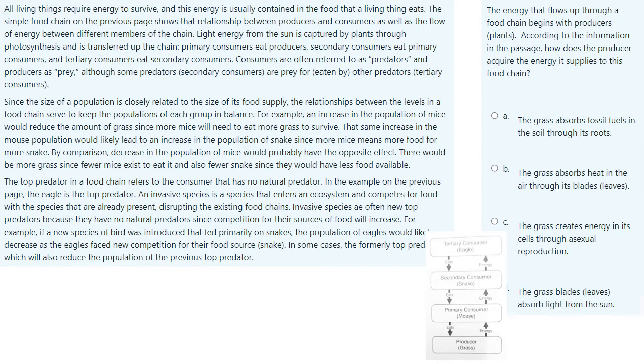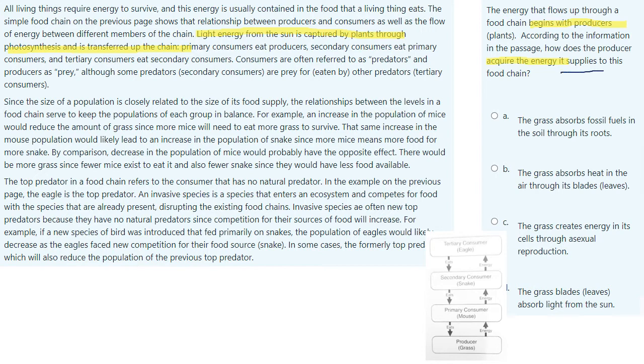The energy that flows through a food chain begins with the producers. According to the information in the passage, how does the producer acquire the energy it supplies to the food chain? Well, light energy from the sun is captured by plants through photosynthesis and transferred up the food chain. We can actually see that key word.